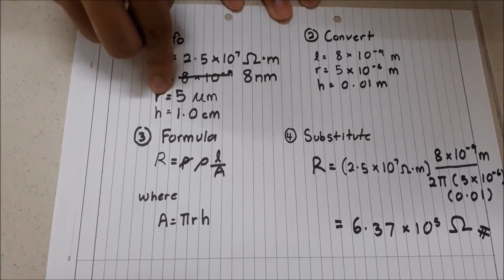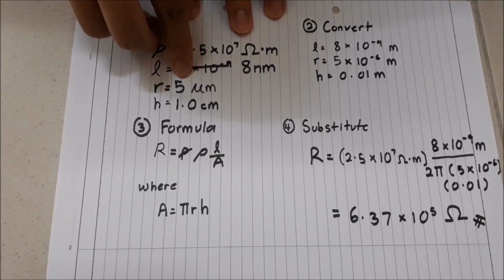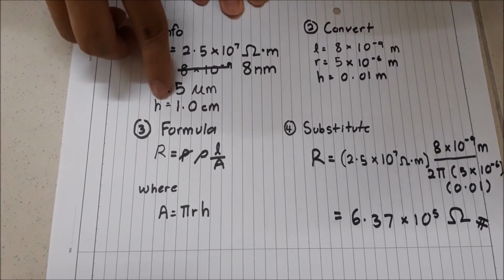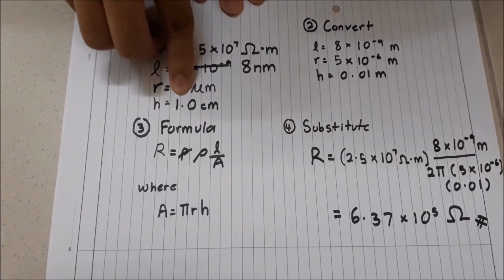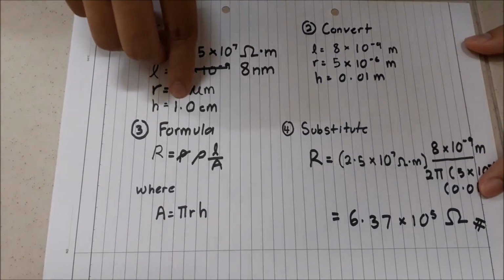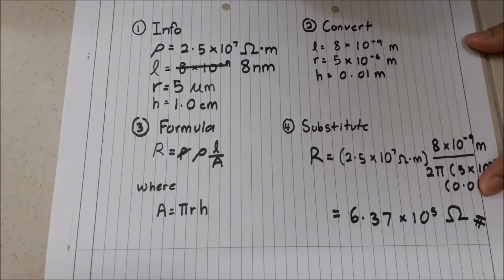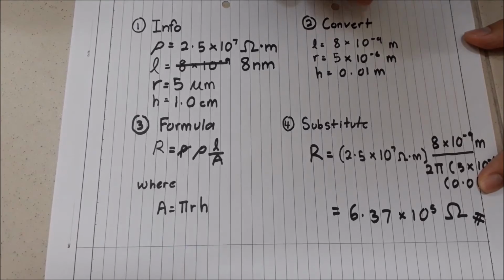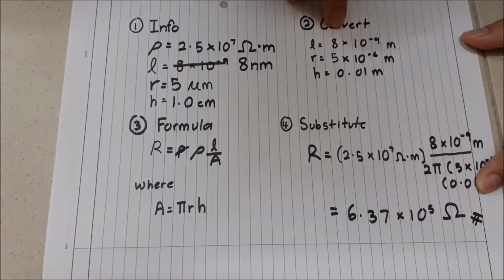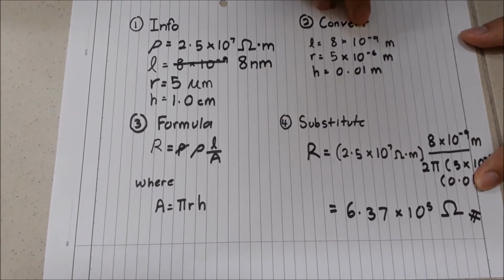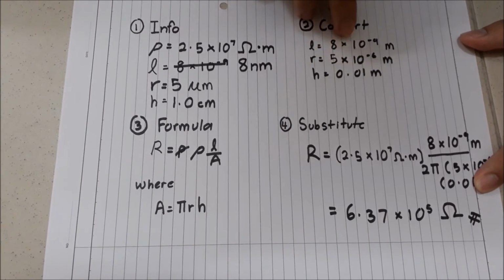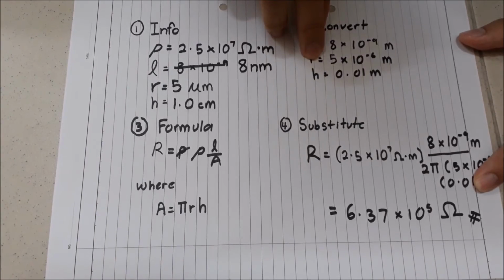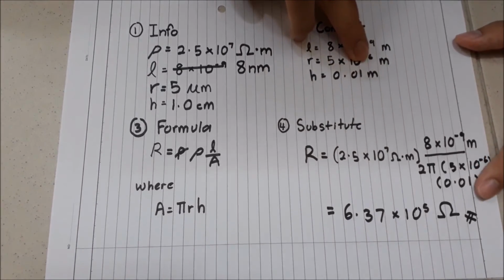And we have the radius of the axon, 5 micrometer, and the height that I have described, 1 centimeter. Next, we convert them into meter: the length will be 8 exponent negative 9, the radius will be 5 exponent negative 6 meter, and the height will be 0.01 meter.